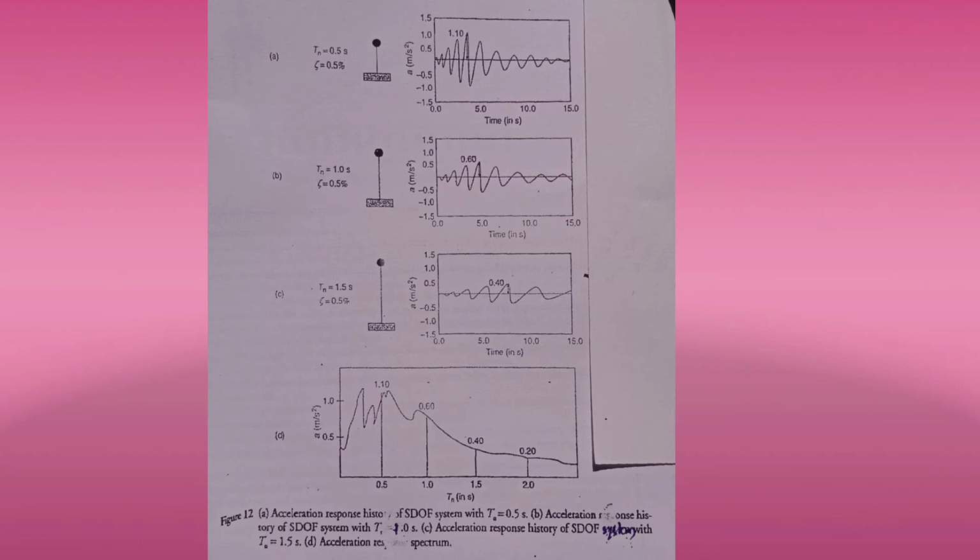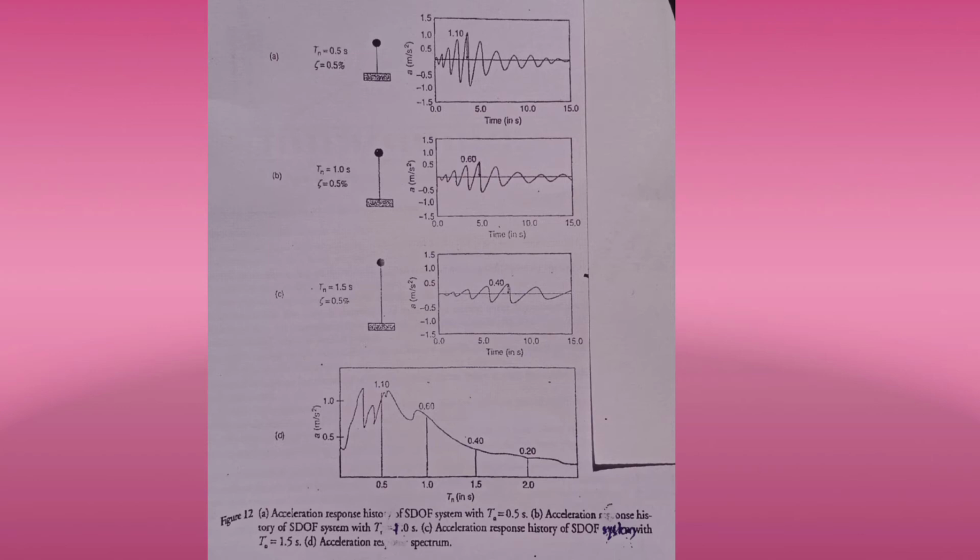Hence these systems respond differently to the same strong motion of the ground. The maximum responses of several such systems, along with their respective natural periods, are plotted to form the response spectrum.